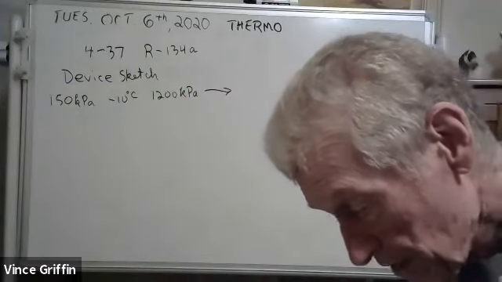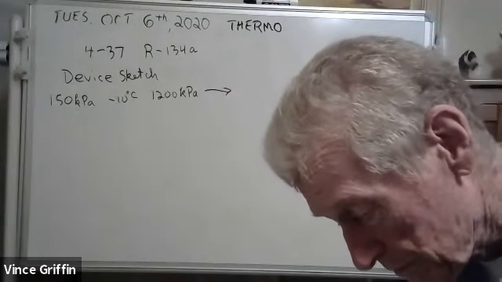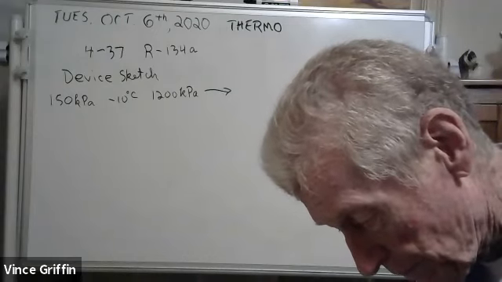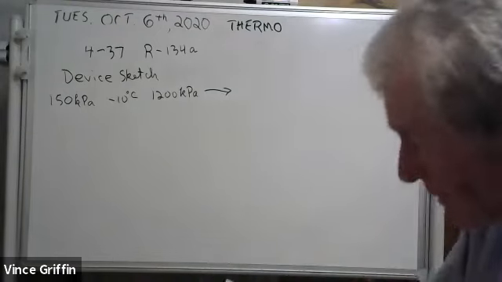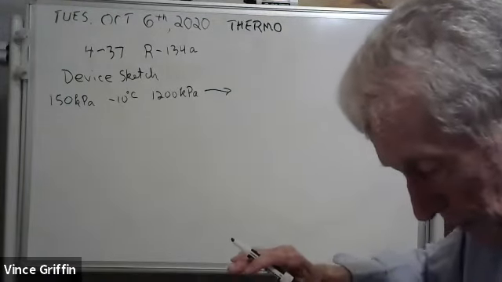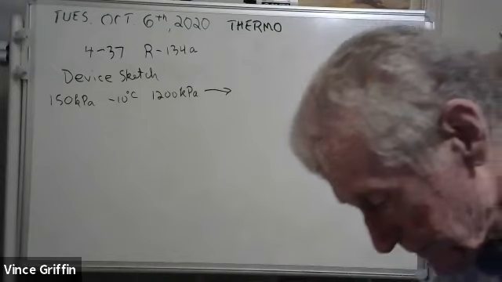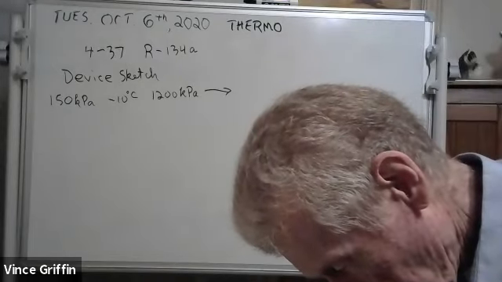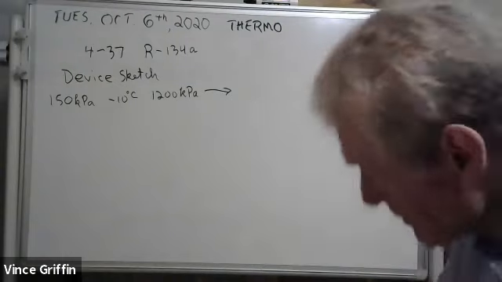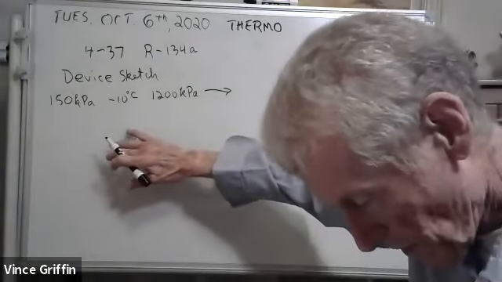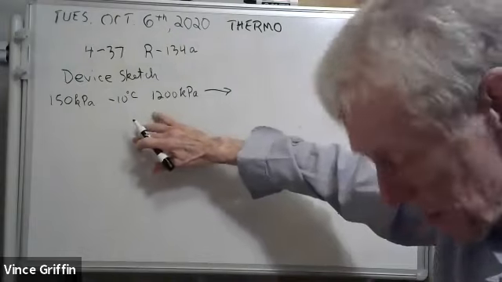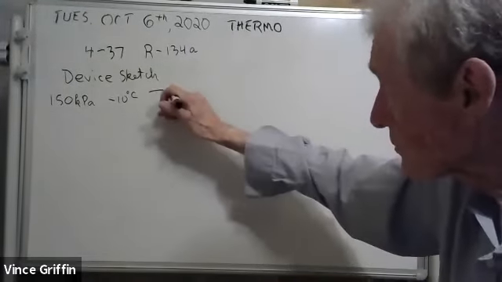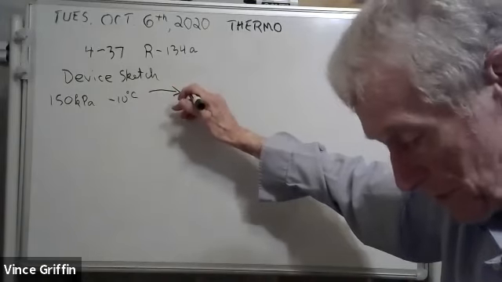It's not an adiabat anymore, though, because there's a heat transfer, and we're going to go to... wait a minute, I did that wrong. 150 kilopascal minus 10. Okay, now that was wrong. We're going to go to 1200.